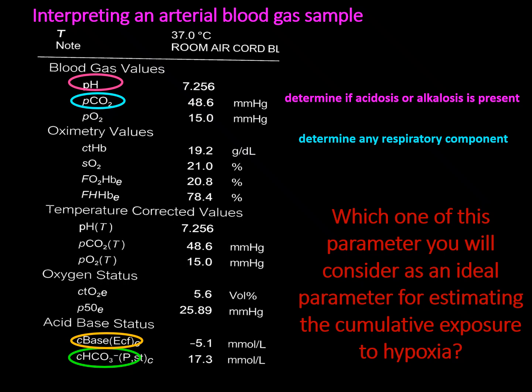If the CO2 is increased, that means there is a respiratory acidosis. And if the base deficit is increased, combined with a reduction in the bicarbonate, that means a compensatory metabolic acidosis process is going on.